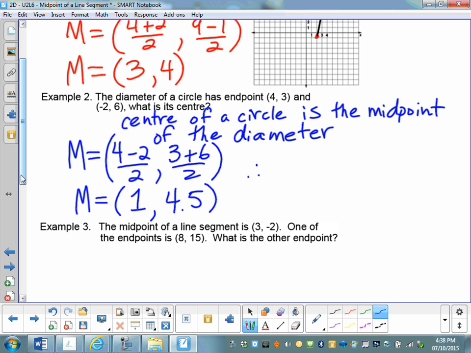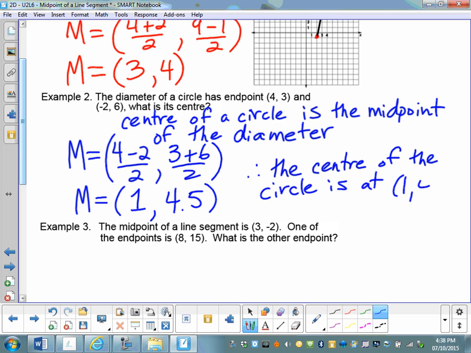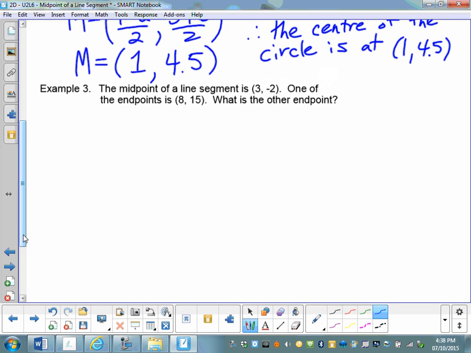So therefore, the center of the circle is at (1, 4.5).